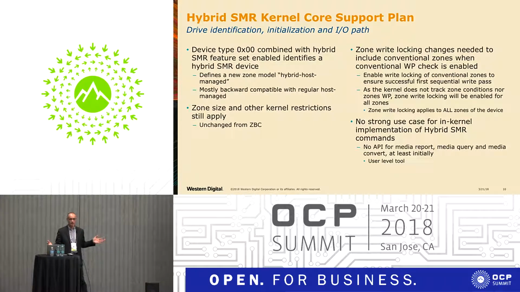Then you end up with a drive where, for all the zones, you can only have one single outstanding write per zone at any time, but you want to use that drive in a fully CMR compatible mode. So this is not really performance-wise compatible with a regular CMR drive, so we need to do something there. We'll come up with something.